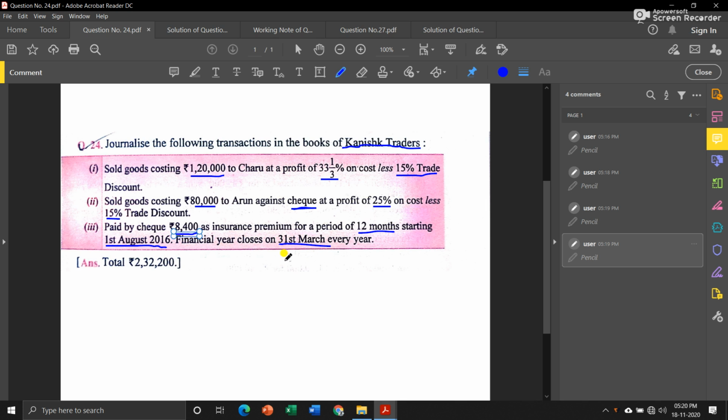So that means the insurance premium that we paid from 1st August 2016 includes some amount of the next financial year as well. So that we have to find out. It starts on 1st August 2016 and ends on 31st July 2017. So some months of 2017 are included as well.